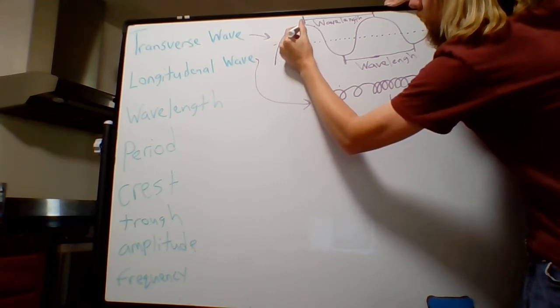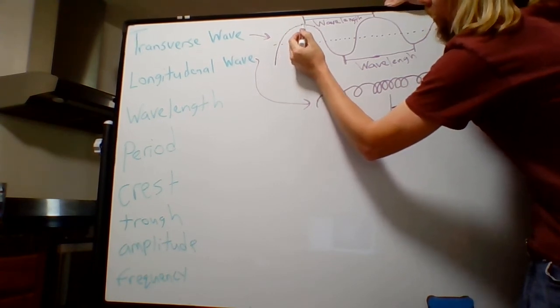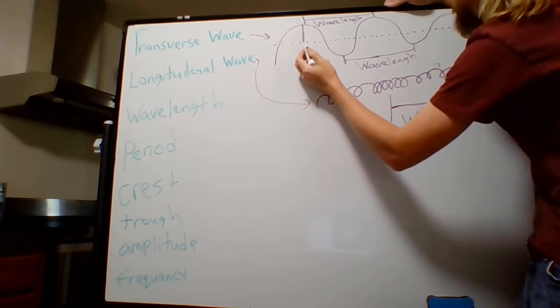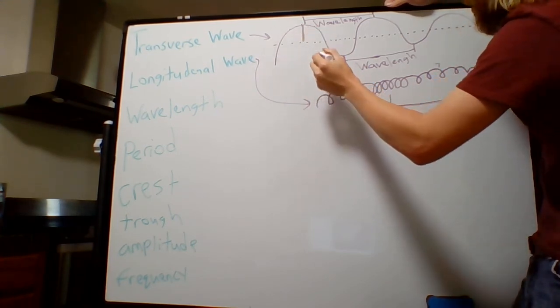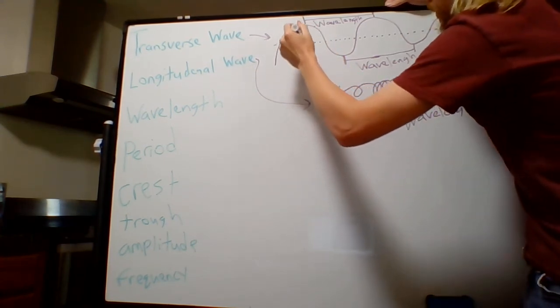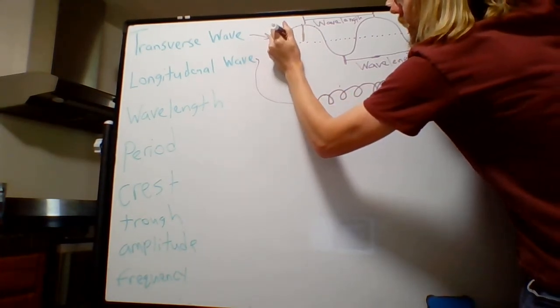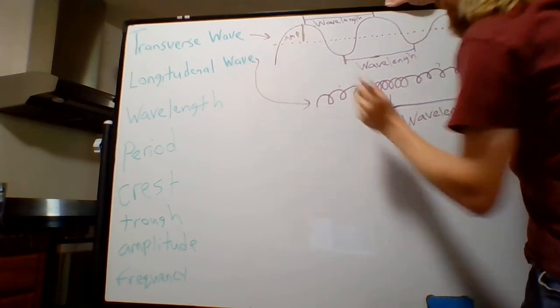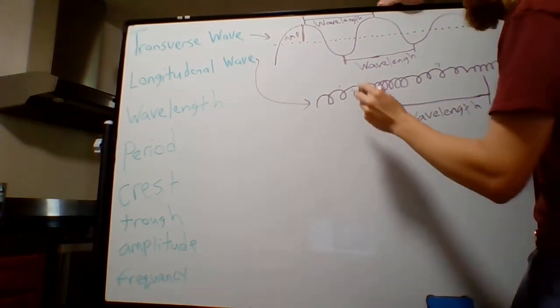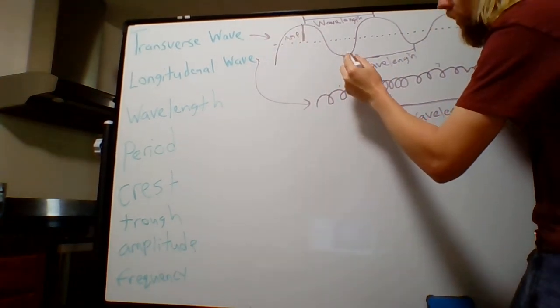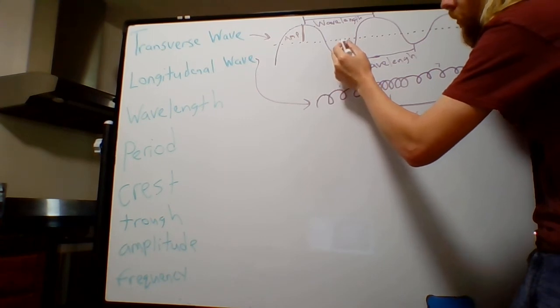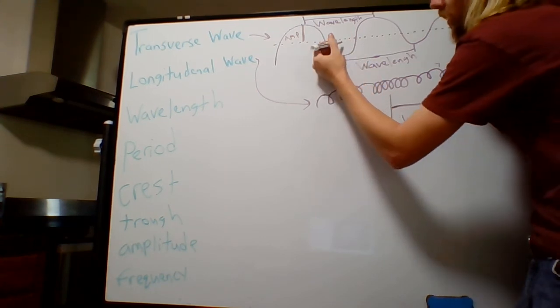All right, so in this transverse wave, this peak right here is the highest part of the wave. It's the furthest from the resting point. So that is the amplitude. I'm going to write amp, A-M-P. That's the amplitude. The amplitude can also be described as the distance between the resting point and the lowest point of the wave here.